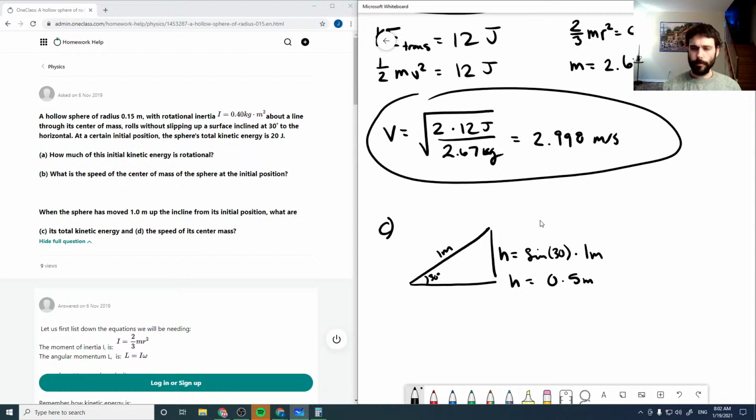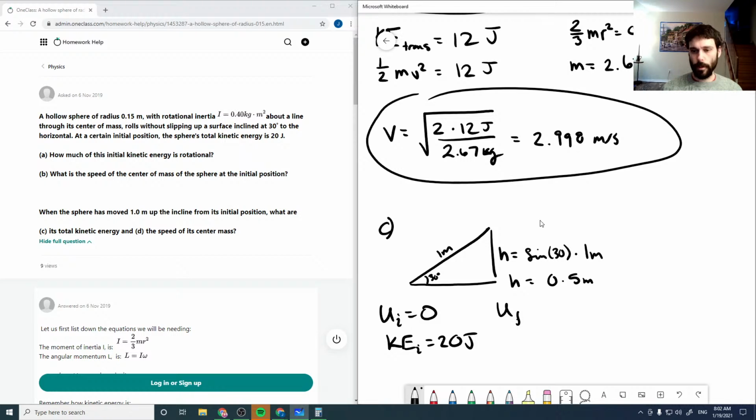And so then, if we've moved 1 meter up the incline, we started with a potential energy of 0. Our kinetic energy was 20 joules.